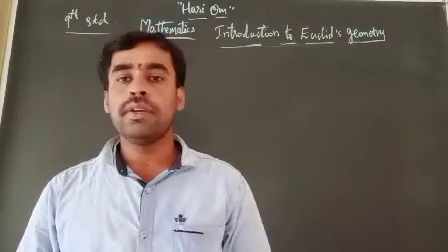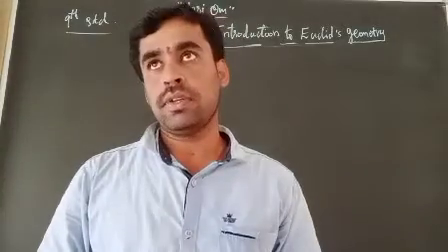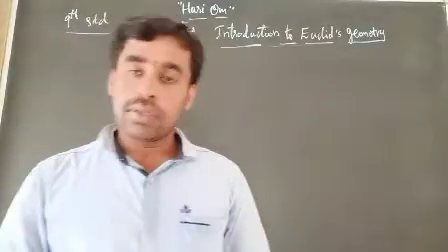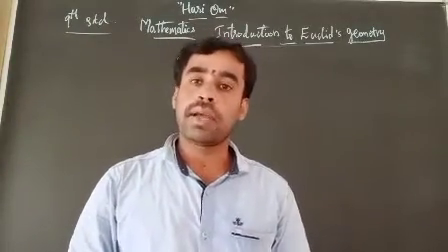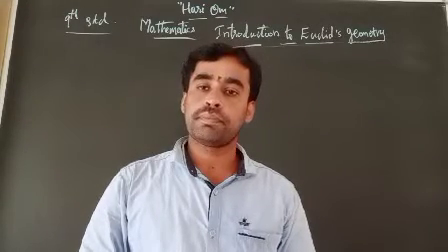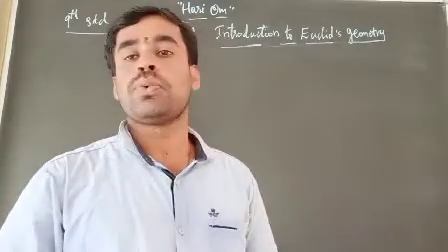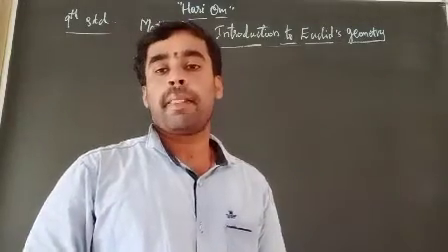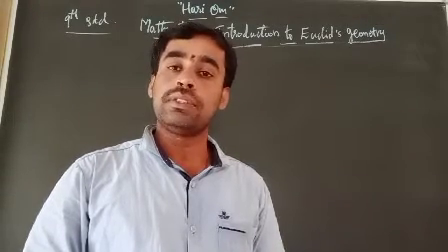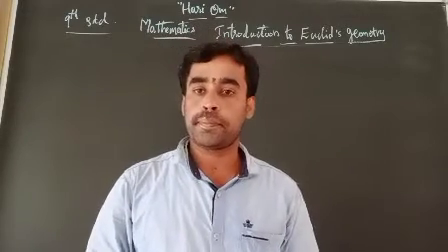We also studied how to write five rational numbers between two given rational numbers, how to represent rational numbers on the number line, operations on real numbers, that is addition, subtraction, multiplication and division, and representation of real numbers on a number line.